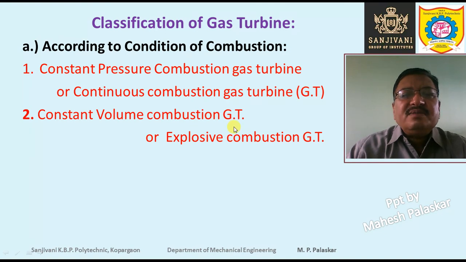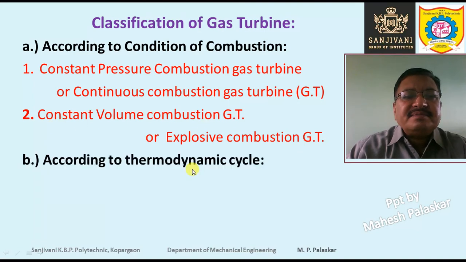So it is not a constant pressure but a constant volume gas turbine, where the combustion is not continuous, the combustion takes place suddenly, there is an explosion. That gas turbine is called the constant volume gas turbine.